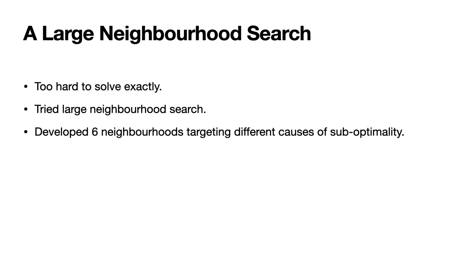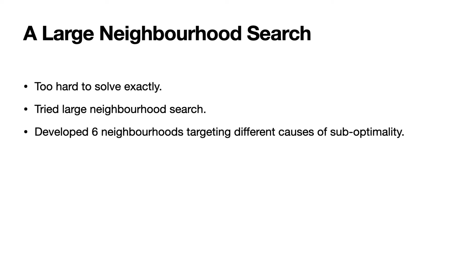We first tried solving the model by inputting it directly into a solver, but it was too hard to solve exactly. So we tried a large neighborhood search. Large neighborhood search is a type of local search. In large neighborhood search, the search algorithm calls subroutines known as neighborhoods on the current incumbent solution to improve the current solution.